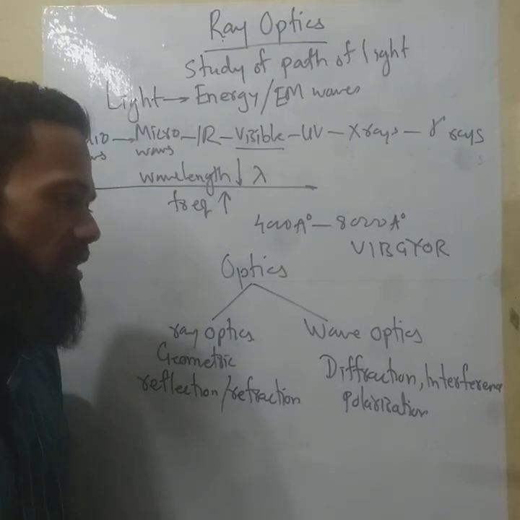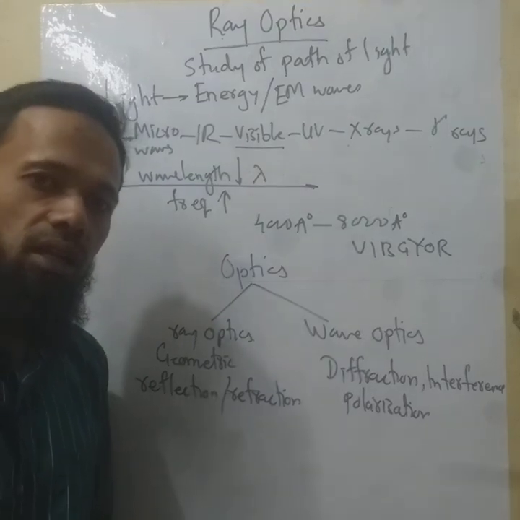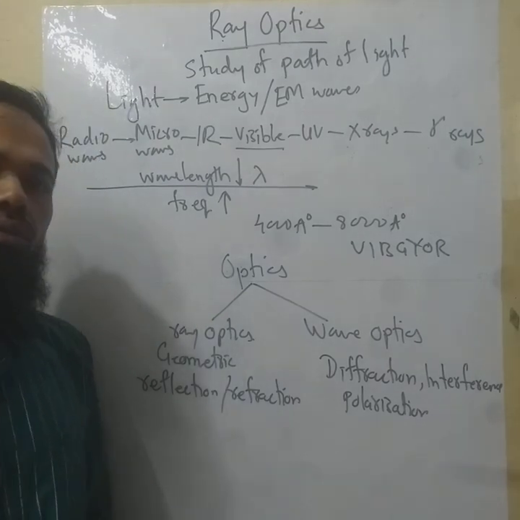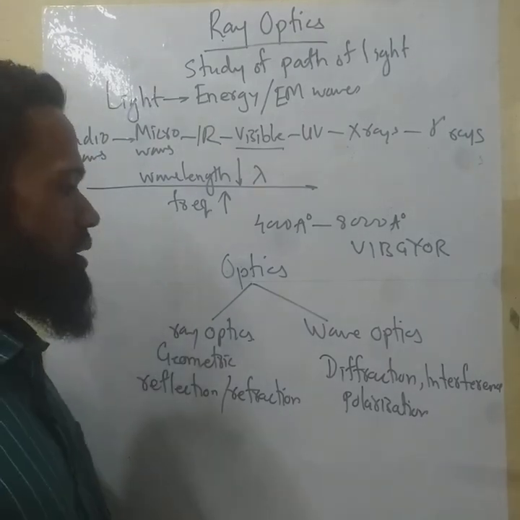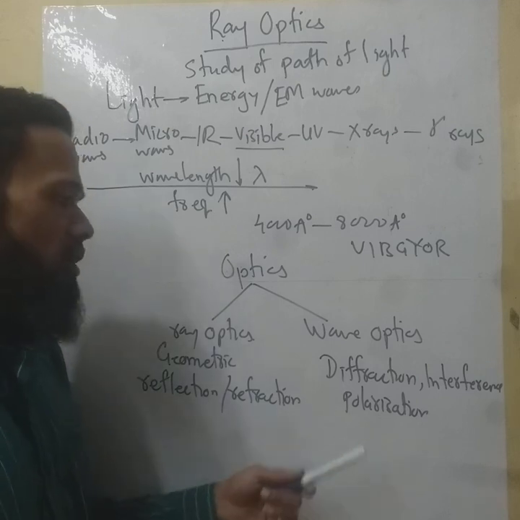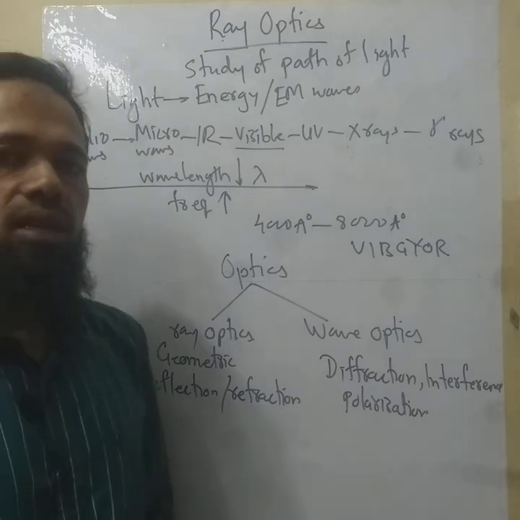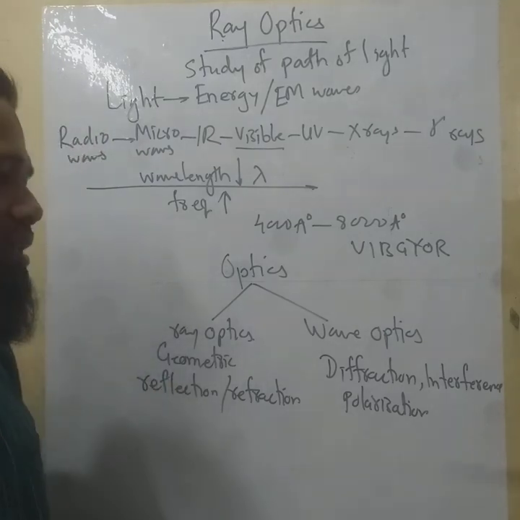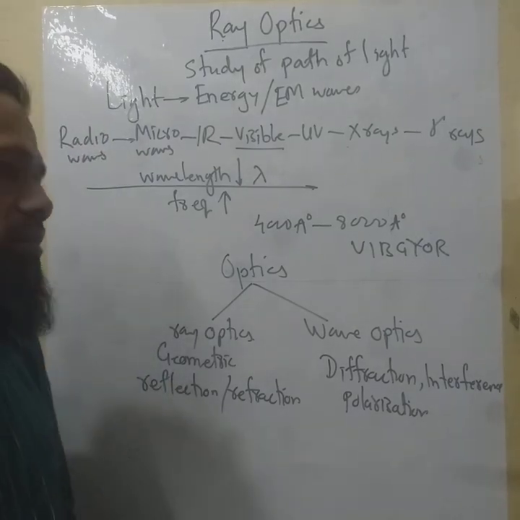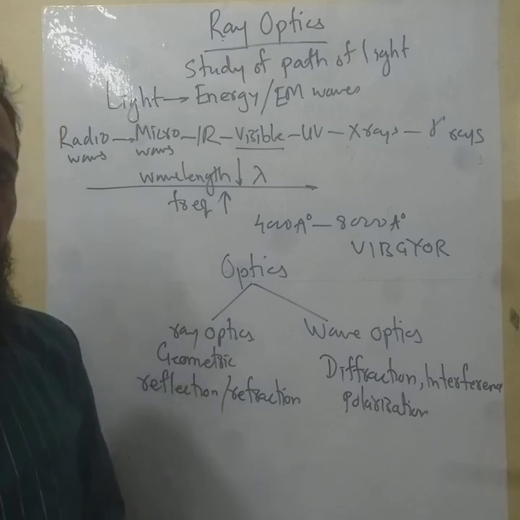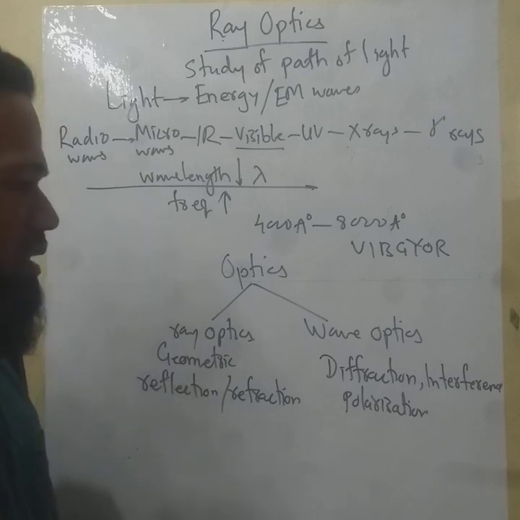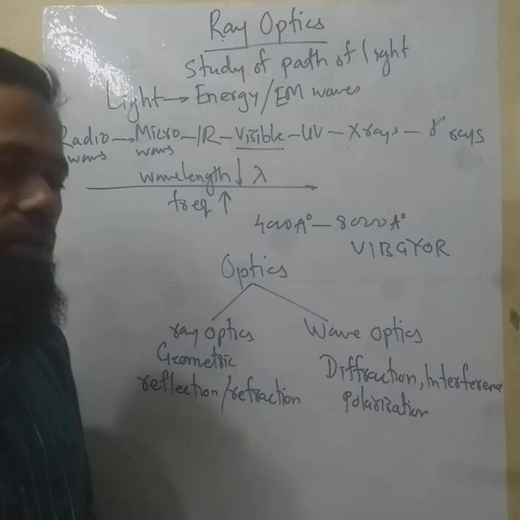Then only we can see the interference pattern clearly and observe the wave nature of light. And in polarization, the light gets polarized at a certain angle. So these phenomena are at the microscopic level and the dimensions of these objects are comparable to the wavelength of light.